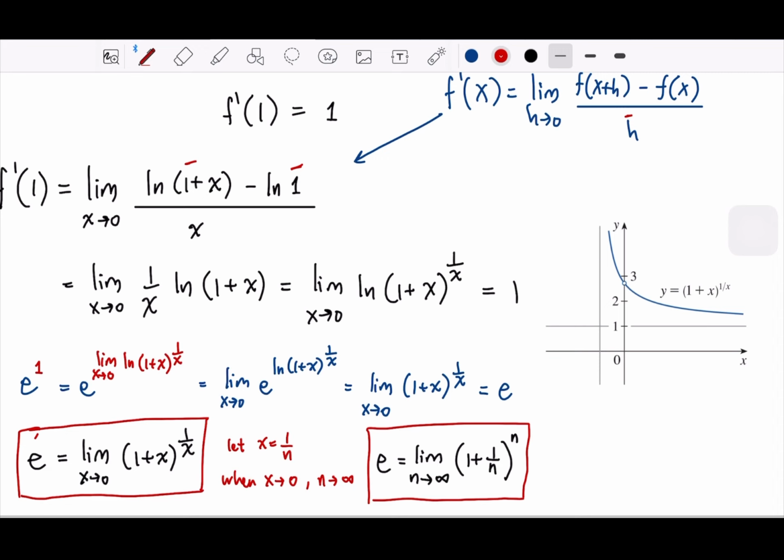You could look at this point that has a removable discontinuity here. When we take x closer to 0, it goes to this point, and this point is actually our e. It's around 2.7.